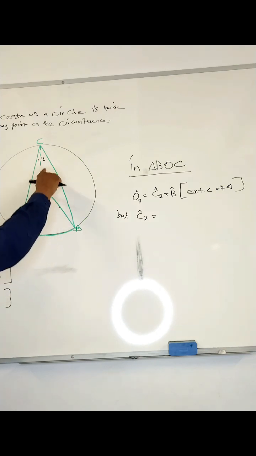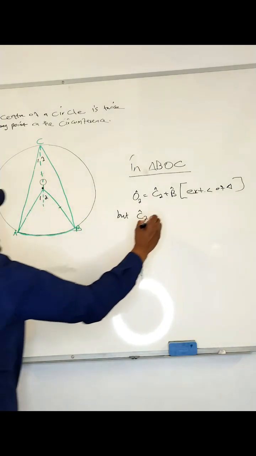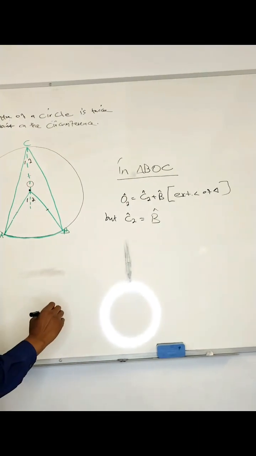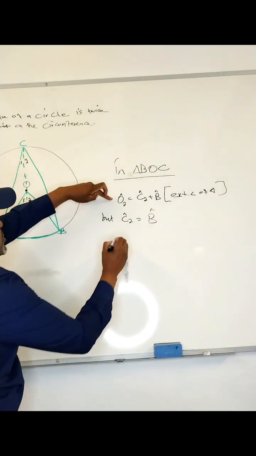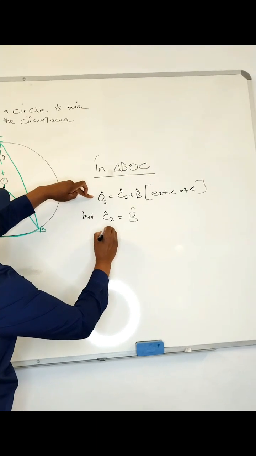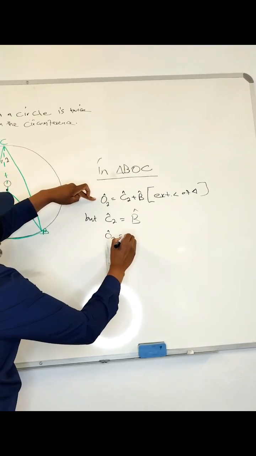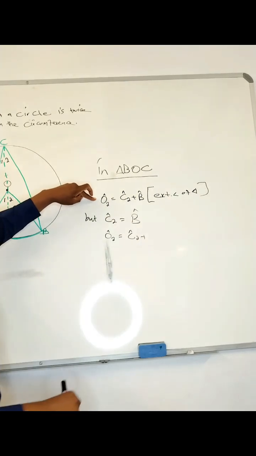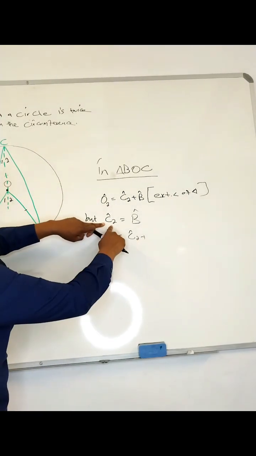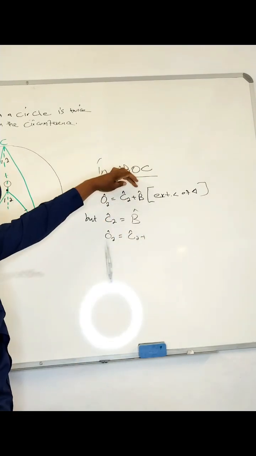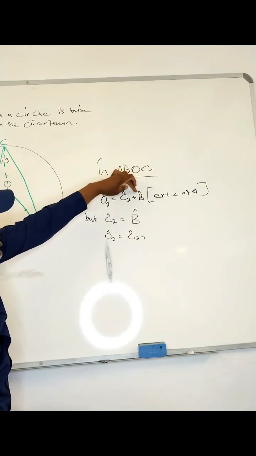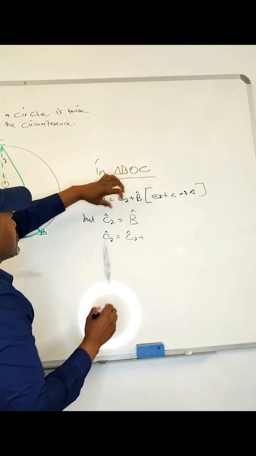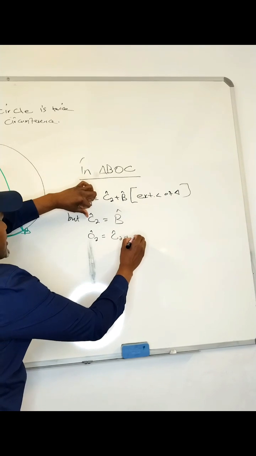So C2 is equal to angle B. Going to this statement, we said O2 is equal to C2 plus B. Here we said C2 equals B, so we are allowed to replace B with C2.